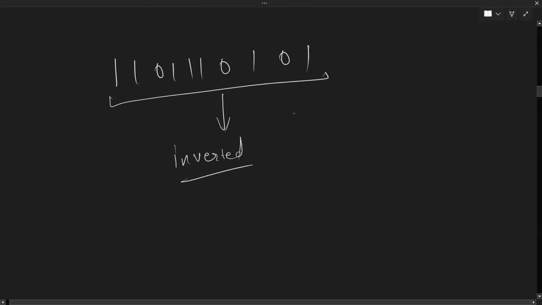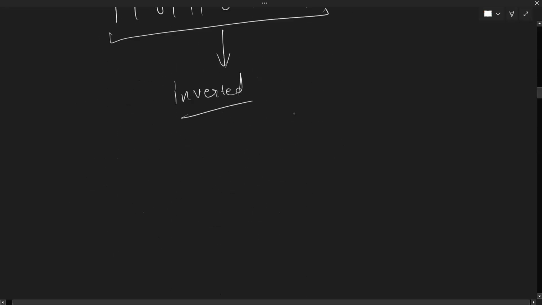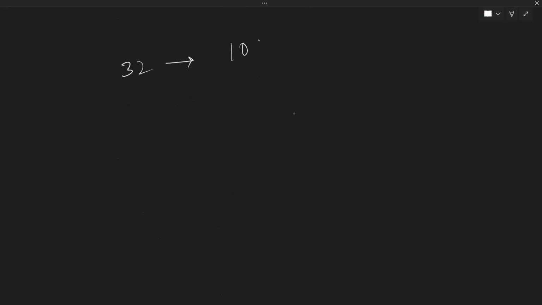But in case you are having consecutive ones, let's look at a simple thing. What is the binary representation of 32? It is 1, 0, 0, 0, 0, 0, right? This is the binary representation of 32. Now, what is the binary representation of 31? It is 1, 1, 1, 1, 1.